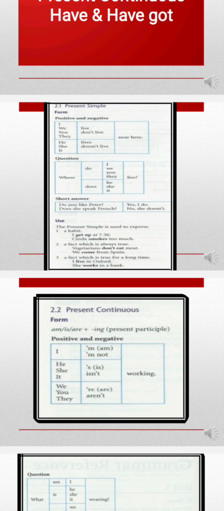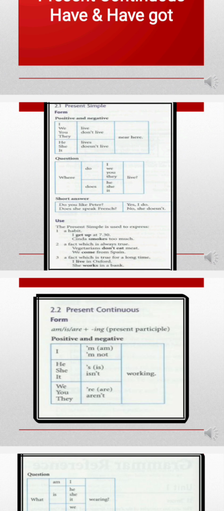I live near here. I don't live near here. We live near here. We don't live near here. You live near here. You don't live near here. They live near here.